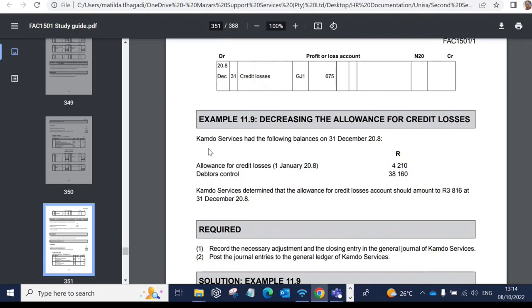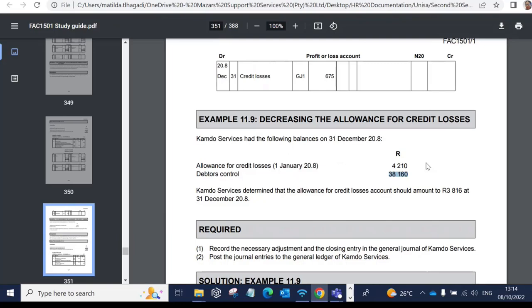Now the next example is decreasing of the allowance for credit losses. This service had the following balances: allowance for credit losses was 4,210, debtors control was 38,160.